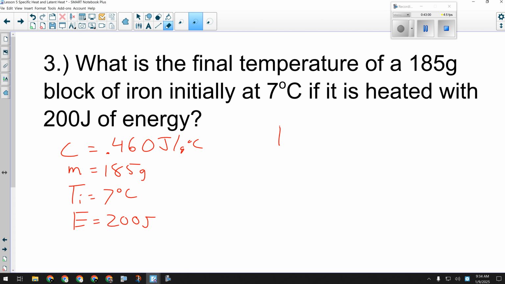E equals m times C times delta T. I'm looking for delta T, so I'll solve for that first by dividing both sides by m times C. We'll have our 200 joules divided by 185 times 0.460. That'll give us our change in temperature.